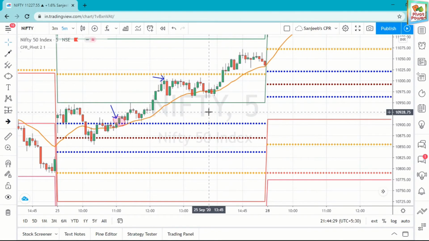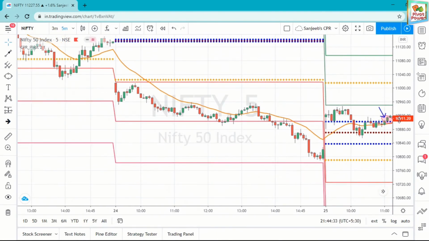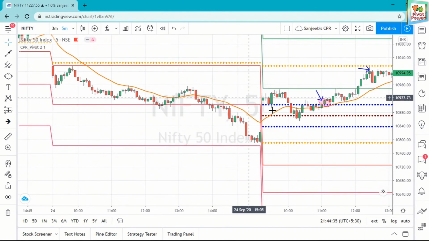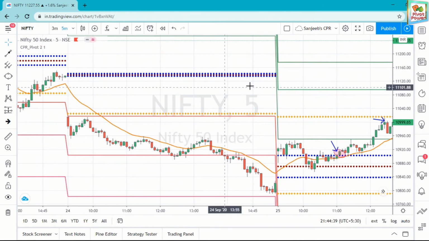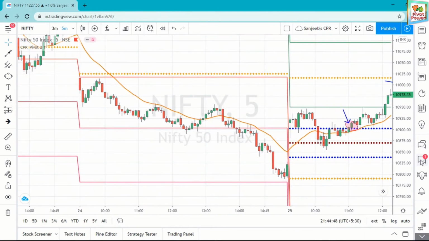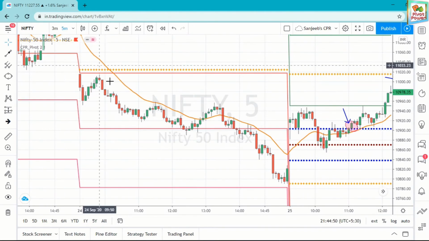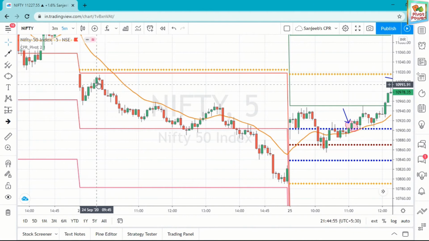We can see another support and resistance here. Here is a very narrow CPR. If it is a narrow CPR, then it is a trending day. Here it is a downtrend move, and the first candle is the red one, then it goes to the R1 resistance.